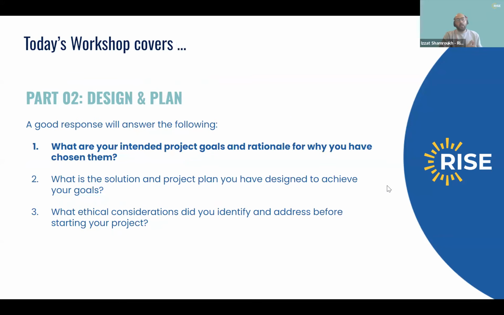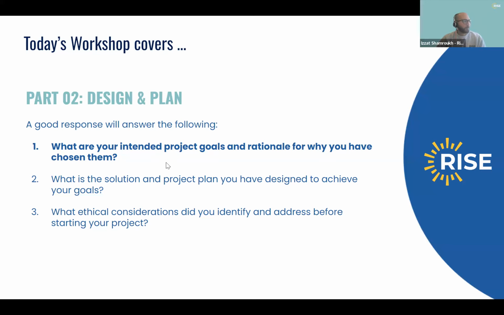So today's workshop aims to help you clearly formulate the goal for your project and design approaches that are best for achieving the goals. When you're answering the design and plan section of the RISE project, these are the 3 questions that we ask you to answer. So after you have worked on your project, when you're recording your video or answering via the text responses, these are the 3 questions that you will need to address.